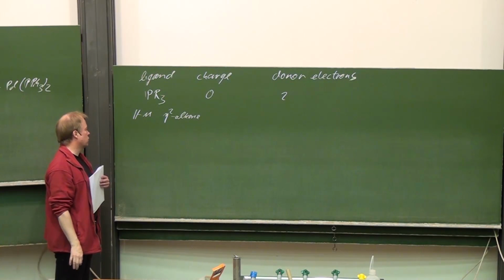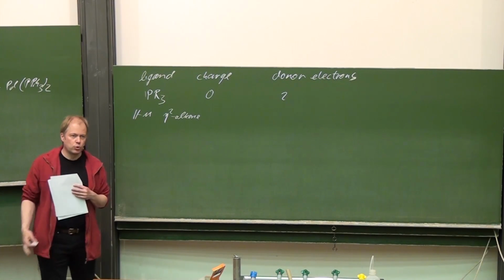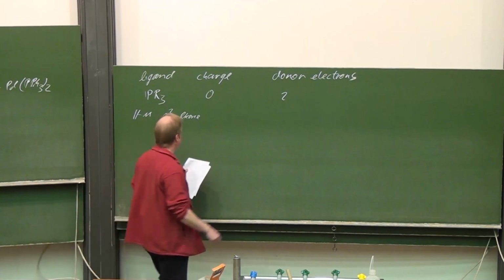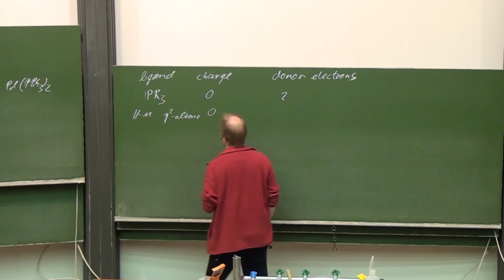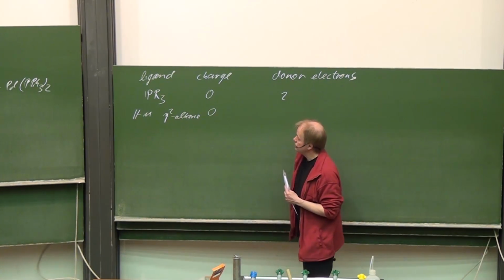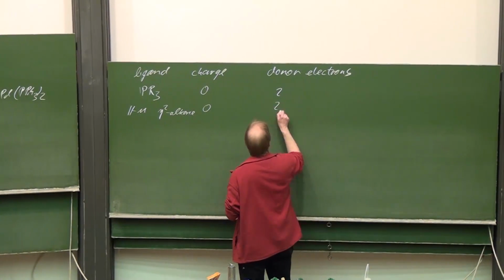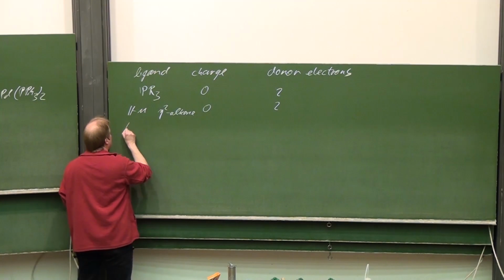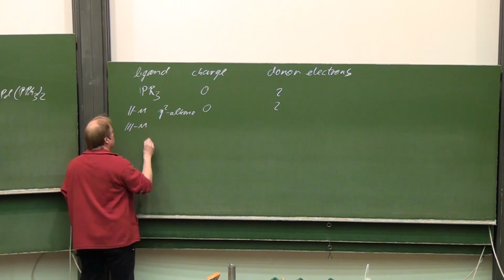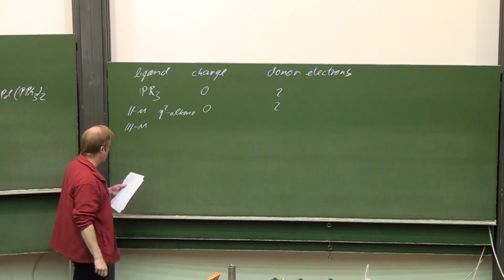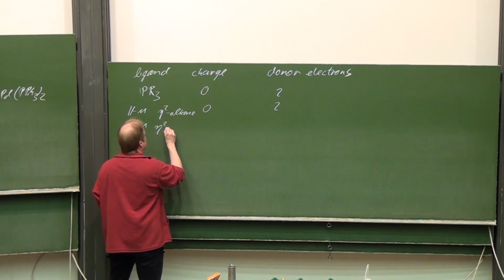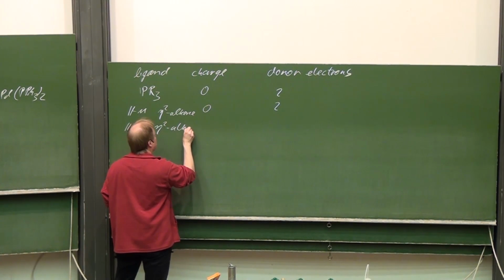You can also call it a dihapto complex, another word for it. The charge again is 0, and it also delivers 2 electrons. The same is, of course, true for the similar alkyne complex, eta 2 alkyne.